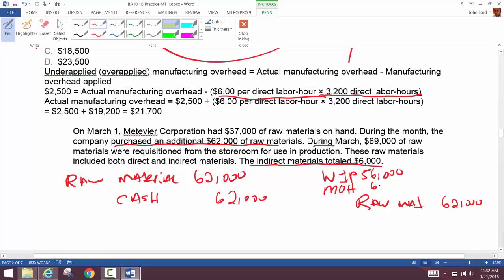For 6,000? Shouldn't the raw materials be 69,000, because it says 69,000 raw materials were requisitioned? Well, who told me 62? You did. Whoever told me 62, it's their fault. It's 69,000. Just testing you. Work in progress should be 63.